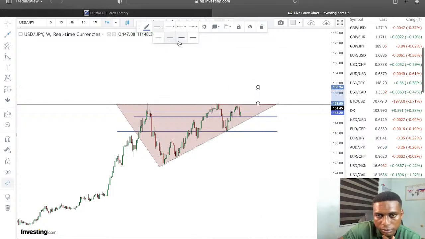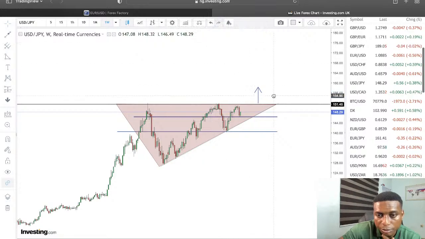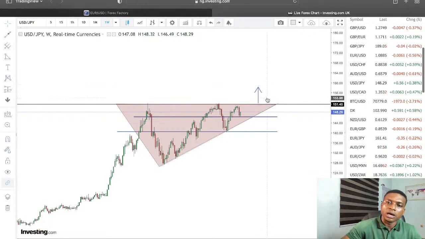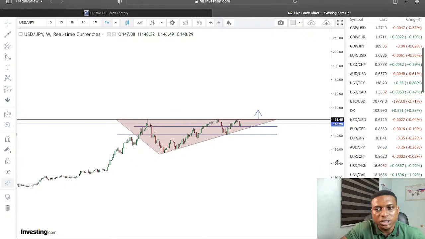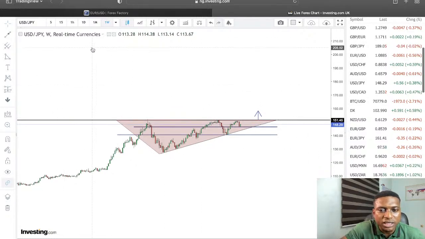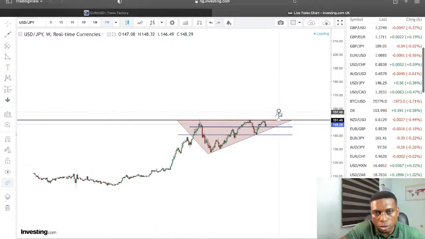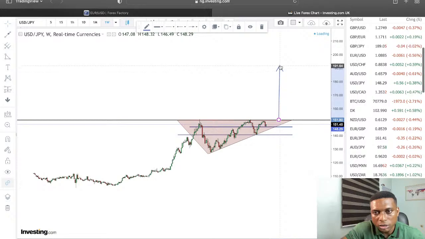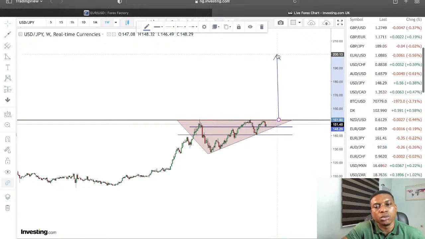And when the breakout occurs, we would see USD JPY touch down on 200, which would be the next level of pullback, or we might see it pull back from 180, might see it pull back at 200.